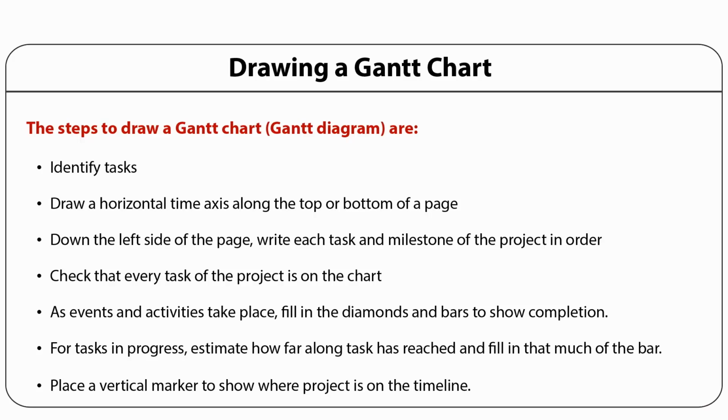However, we can create a Gantt chart in Excel by customizing the stacked bar chart type. Using these not only eases the drawing of Gantt charts, they also make modification of plans easier and provide facilities for monitoring progress against plans, as well as generating resource histograms.